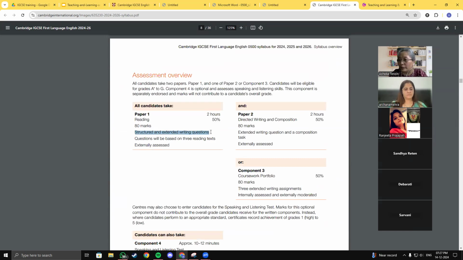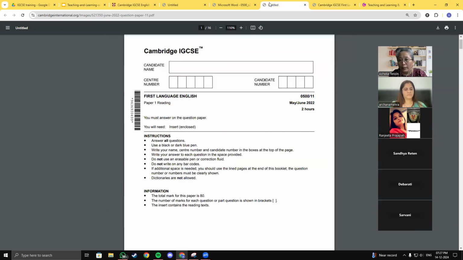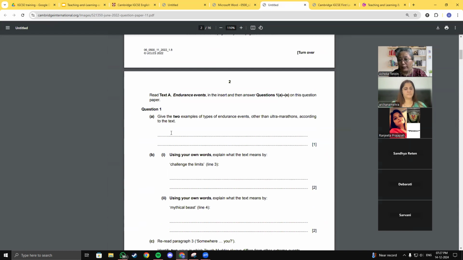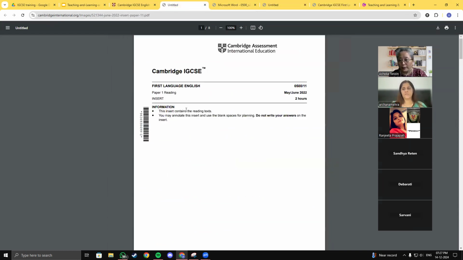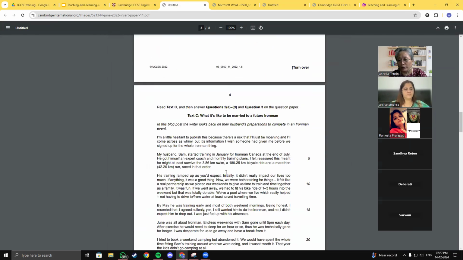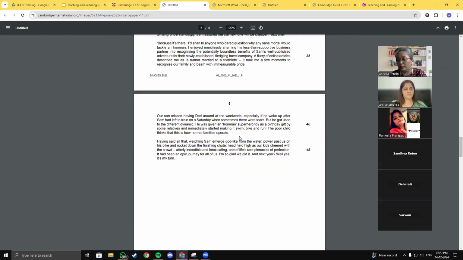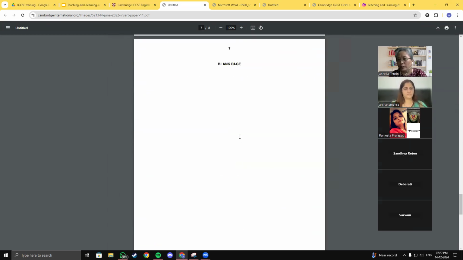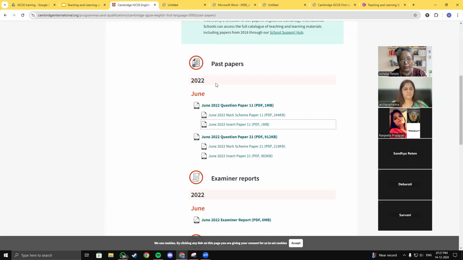So this is the meaning of structured questions. That means there will be space and you have to write within this space. That's why it is called structured. And this is the insert, the reading material that you have to read before you answer those questions. Okay, so this insert is given along with your question paper. So this is about English.